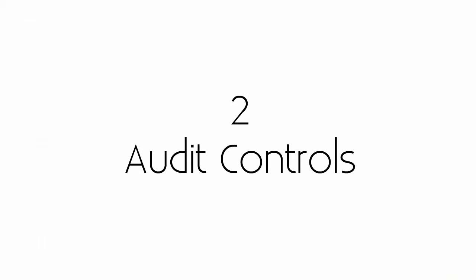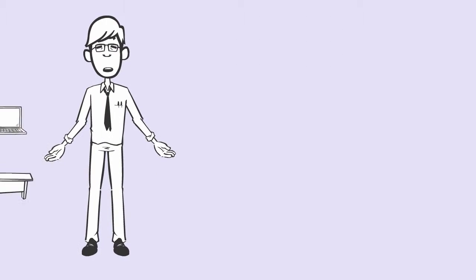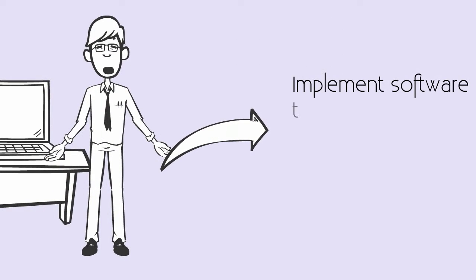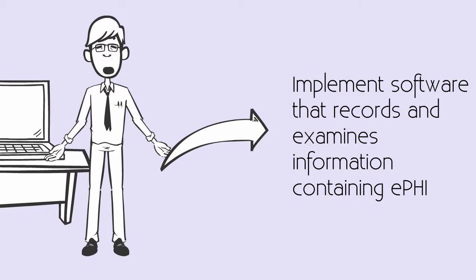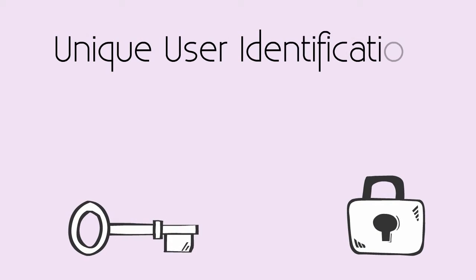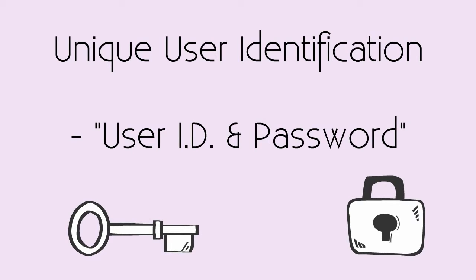Audit controls. A covered entity must implement software that records and examines activity in information systems that contain EPHI. Your company needs the following: a unique user identification. Each user will need their own private user ID and password to follow HIPAA compliance requirements.